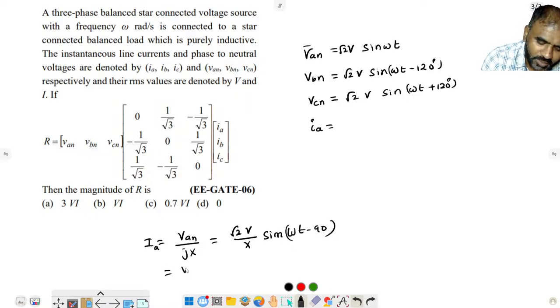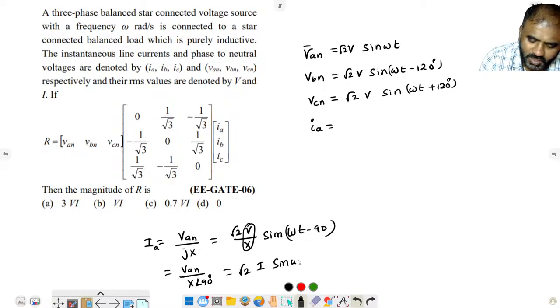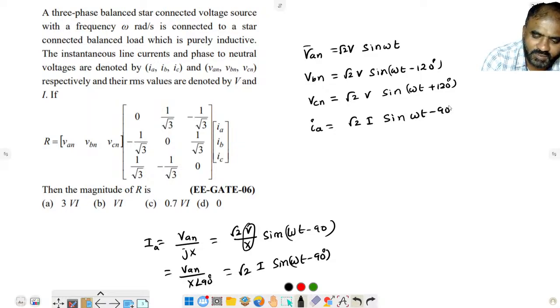One more step: VAN by X at an angle 90 degrees. Root 2 V by X, where V by X is the RMS current I, so IA is root 2 I sin omega t minus 90. Yes?